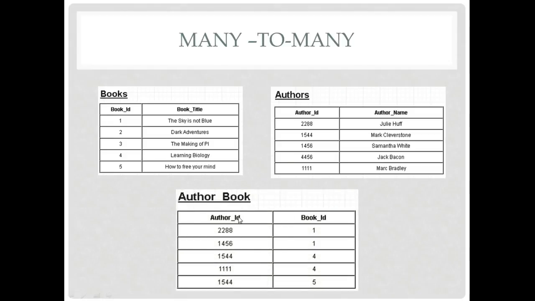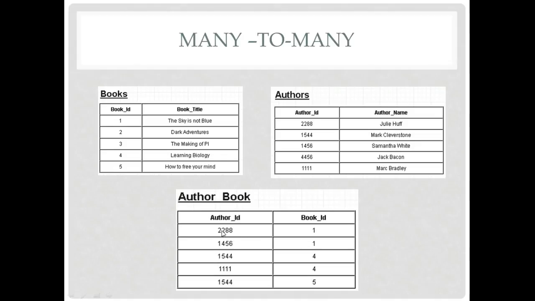As you can see here in this author book table, we have author ID, which says 2288. Okay, and he is assigned to book 1. And we also have another author who is 1456, who is also assigned to book 1.